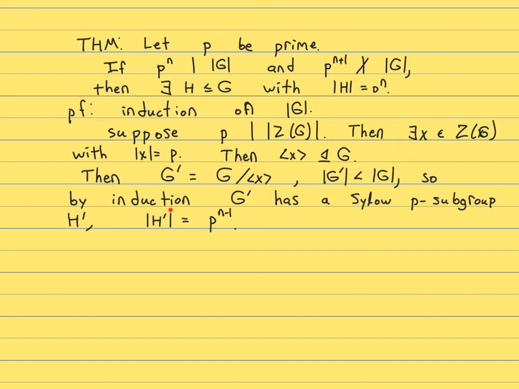So now we just need to create a larger group. Well, let's just think about it. The fourth isomorphism theorem tells you that there's a bijection between subgroups of the quotient and subgroups of your original group that contain the group you're quotienting by.